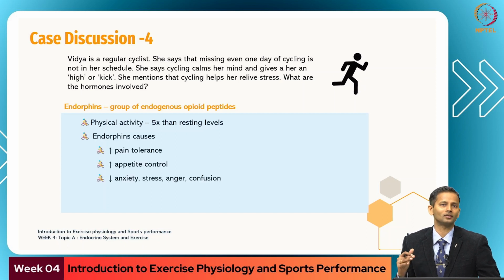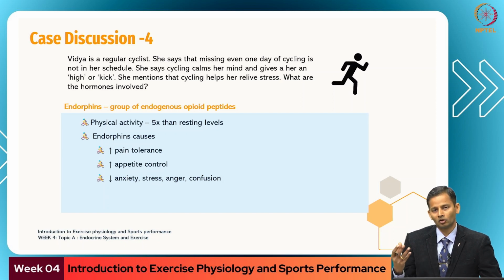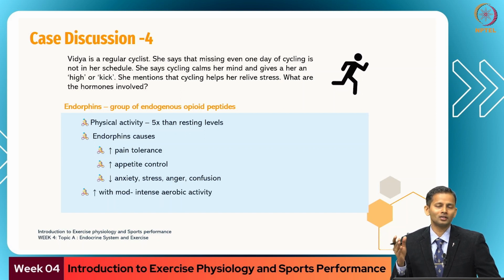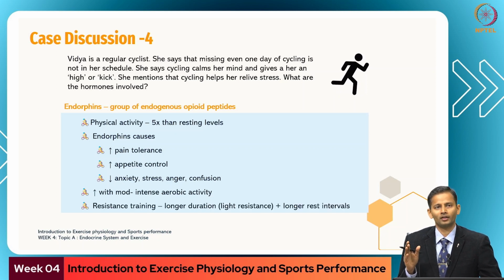These endorphins are found to increase pain tolerance. You can tolerate more pain. Appetite is better controlled, and it also reduces anxiety level, stress level, anger, and also confusion.